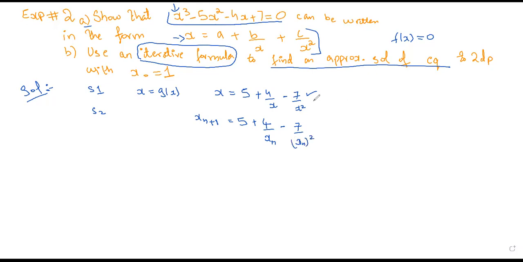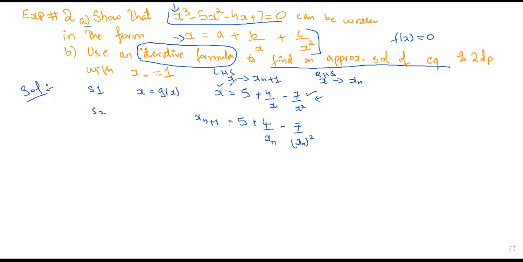I'll tell you. You are clear with this, right? You know how to get this. Once you have this, you simply need to replace this x by xn plus 1 and the x's on the right hand side by xn. This is the rule for the right hand side and this is the rule for the left hand side.